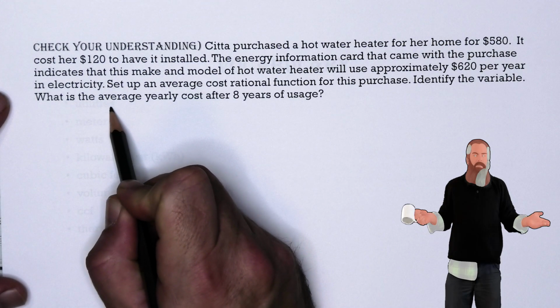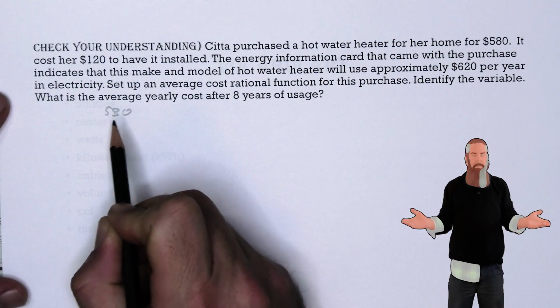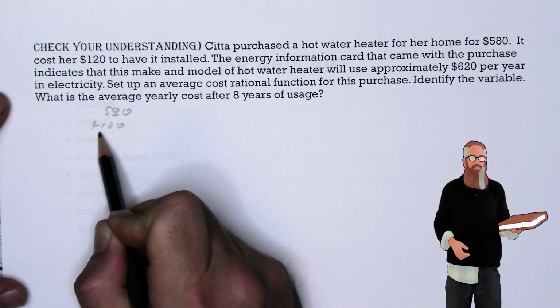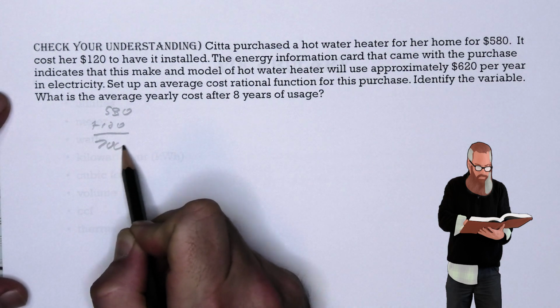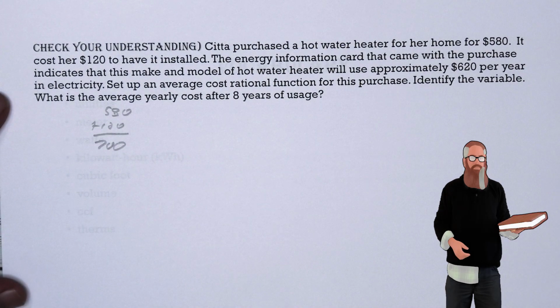Well, we can see that the hot water heater cost $580 plus $120 to install, meaning the heater actually cost $700.